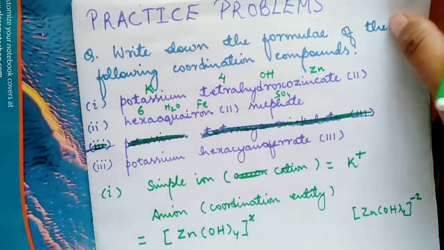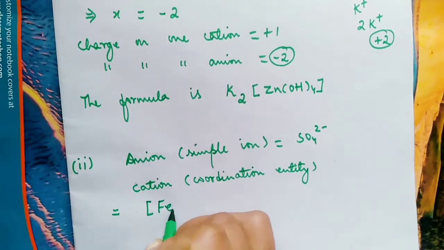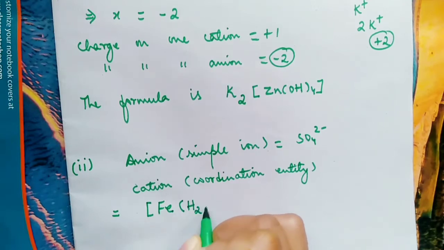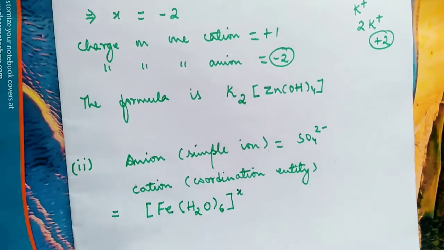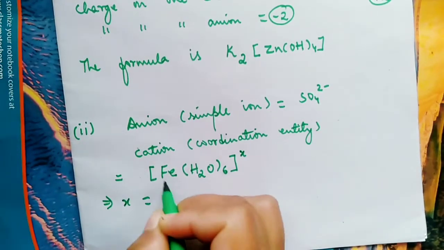Then we come to the coordination entity or the cation, iron. Okay, write first the central metal atom. It is Fe, hexaaquairon. And then we want to know the charge on the coordination entity. So our X would be, what is the charge of Fe or the oxidation state?